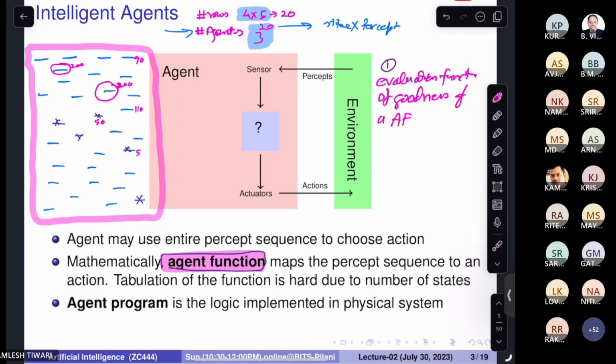Is it making sense? Correct? Yeah, sir. Do you have any problem? No questions? No questions, sir.